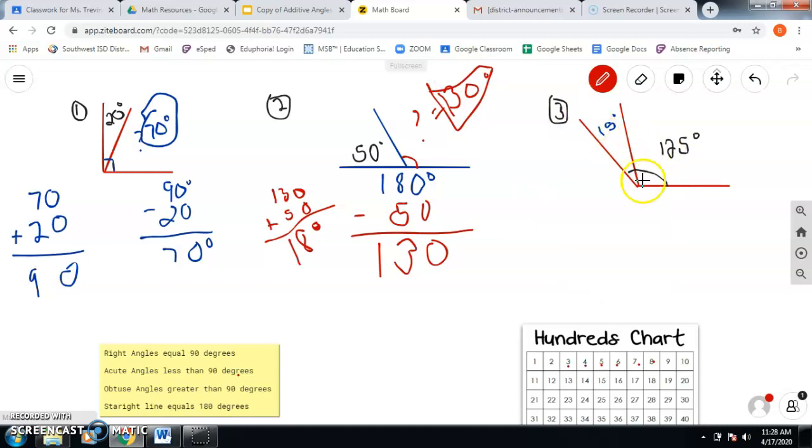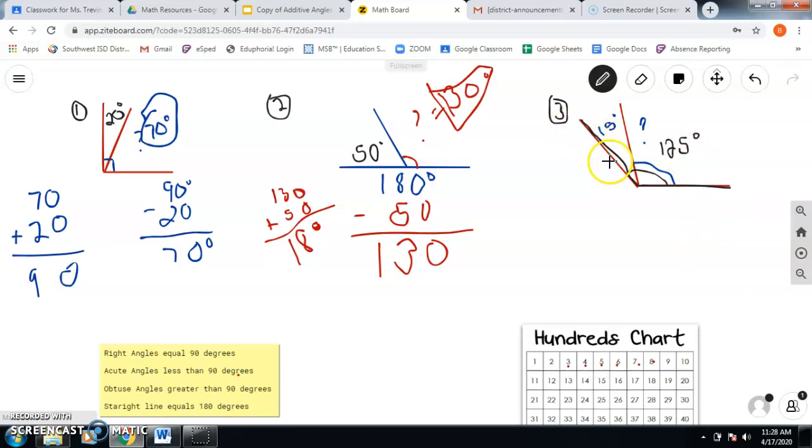We are trying to find, let's put it in a different color, this angle right here, this blue angle right here, okay? We know that it's telling us that this whole angle, I'm going to go over it in black so you could see it, this whole angle right here is 125, okay?